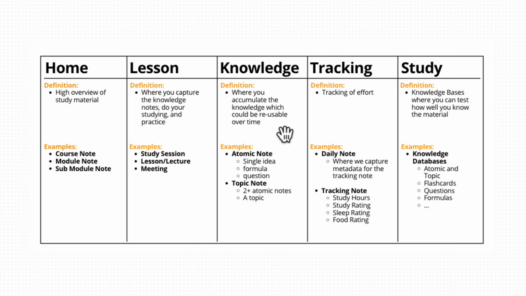We have our knowledge pages, which is the actual knowledge that you are creating. It's typically atomic and topic notes. Then we have tracking to track our progress over time. And then we have the study notes, which is the knowledge databases, which pulls in the atomic and topic notes. It pulls in flashcards, it pulls in questions, it pulls in formulas, and it's just a way for us to study.